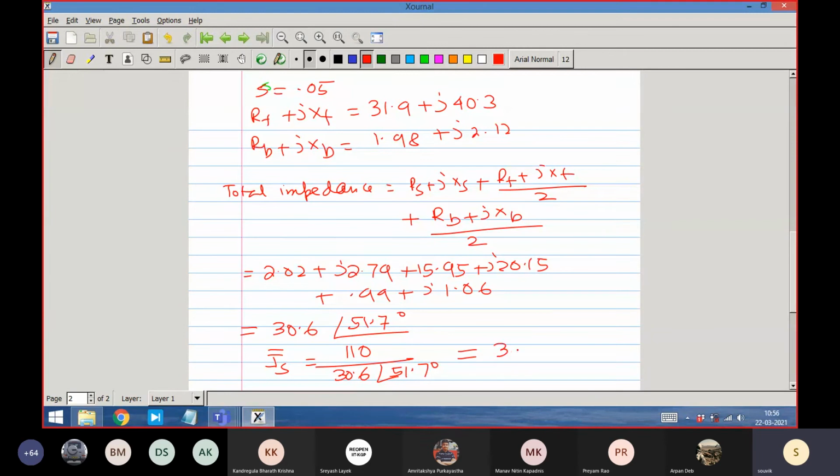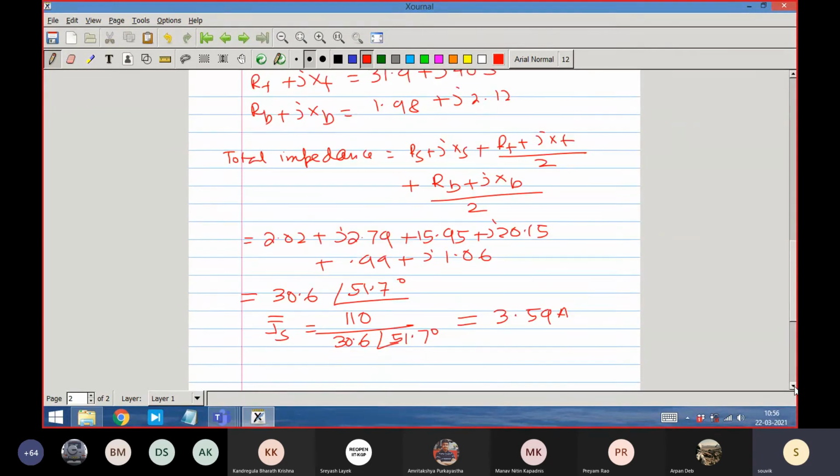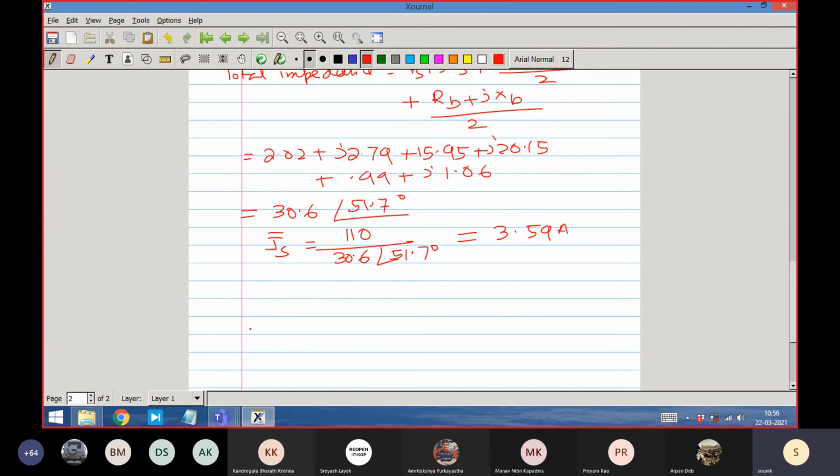So this is equal to 3.59 ampere, right? So if it is 3.59 ampere, power factor is equal to cos of 51.7 degree, which is equal to 0.620.